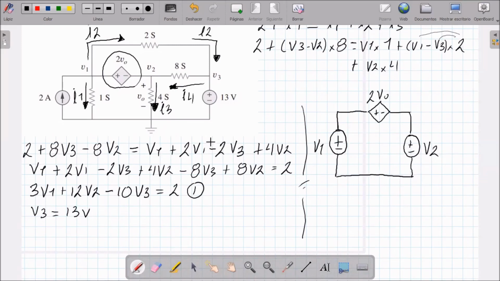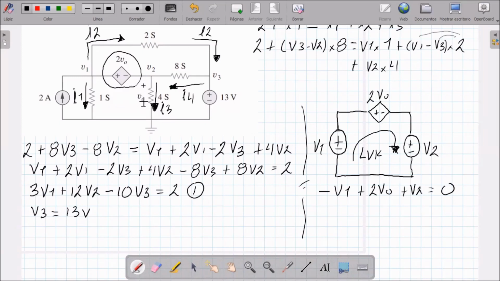Well, I have it like this. The polarities I give them by the direction of the current. The current comes downwards, it polarizes more, and from this side it polarizes less. That's why the polarities come like this. Now, if I do the LVK at that point, I get minus V1 plus 2 volts 0 plus V2 is equal to 0. But V0 tells me that this source is twice the voltage V sub 0, and V sub 0 is the one here.